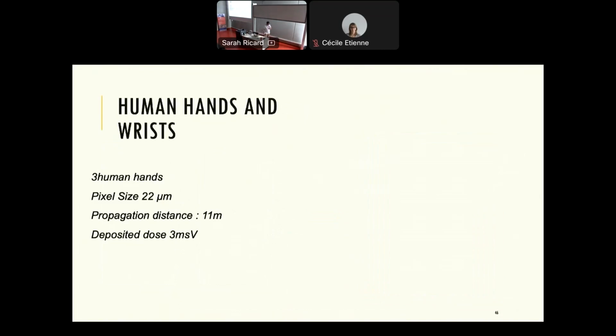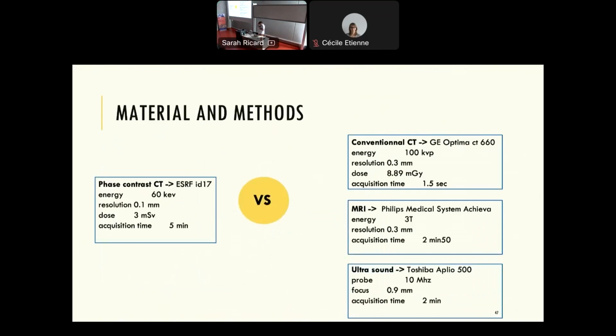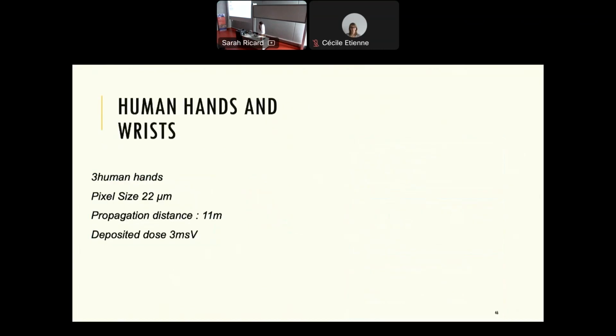What we do in my group is mainly work on osteoarthritis, osteoarticular troubles in general, and I will show you some of our results. So what we've done is that we took 3 human hands at the synchrotron, and we imaged them at a radiation dose that is acceptable for the clinics, acceptable for human beings.